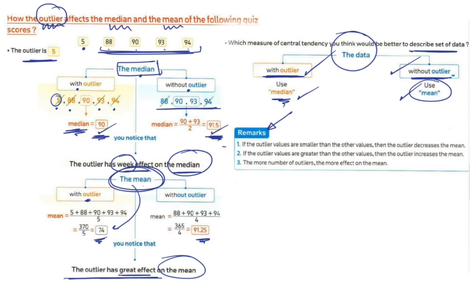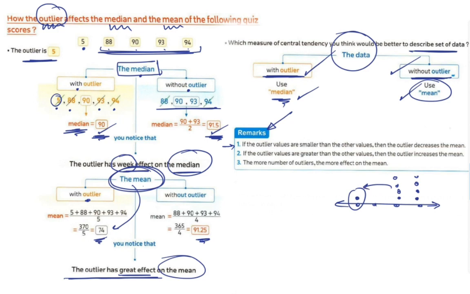The first one: if the outlier value is smaller than the other values. Like I have this data, and I have these dots like this, and I have one value here to the left of the values.